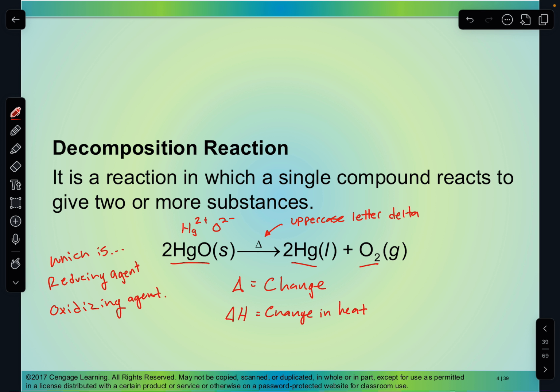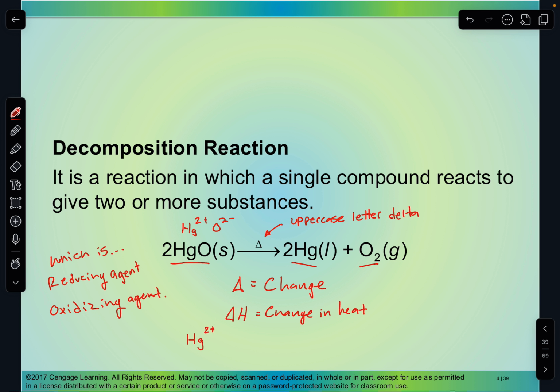And so if we had a 2+ going to a 0, that would be a reduction. So 2+ going to 0, we can write the half reaction here. If you ever can't figure this out, write the half reaction.